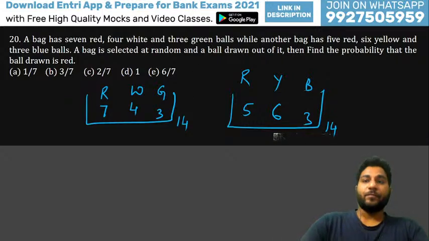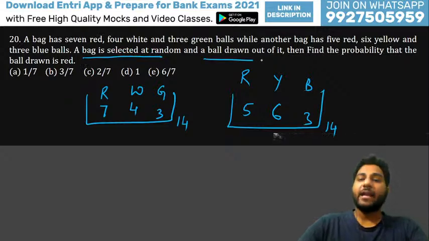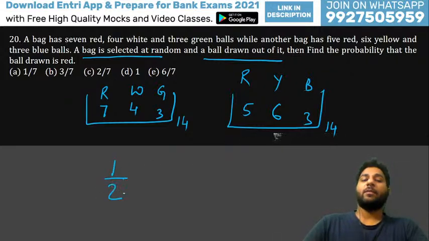A bag is selected first and a ball is drawn out. So there are two bags. If you are going to select any one of them, the probability will become 1 by 2. And the sign of 'and' is, look at this, a bag and a ball.